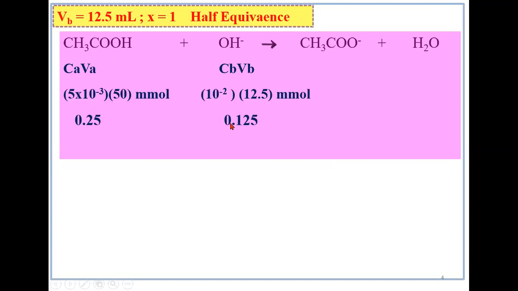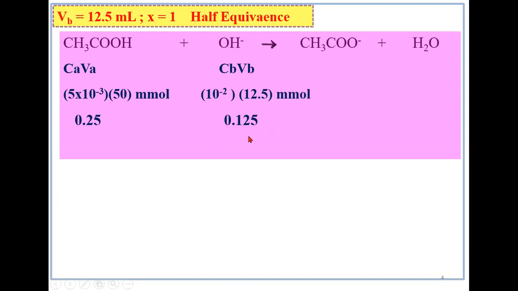Concentration times volume, again, I use the volume in mils, so this is millimoles. Do the calculation. Look at the numbers that you get. 0.25 for the acid, 0.125 for the OH minus.